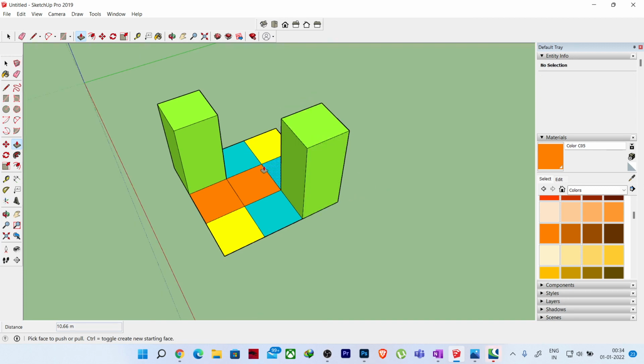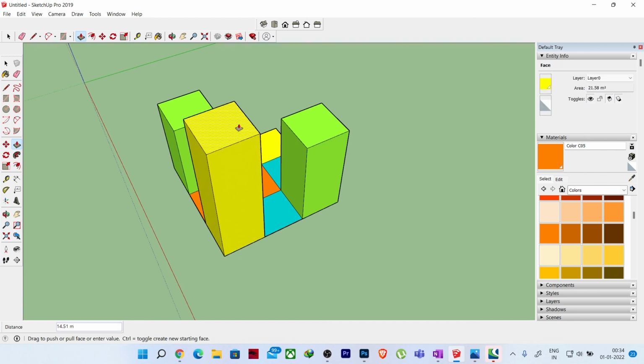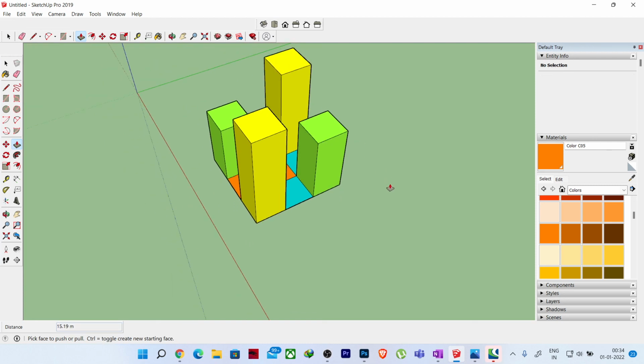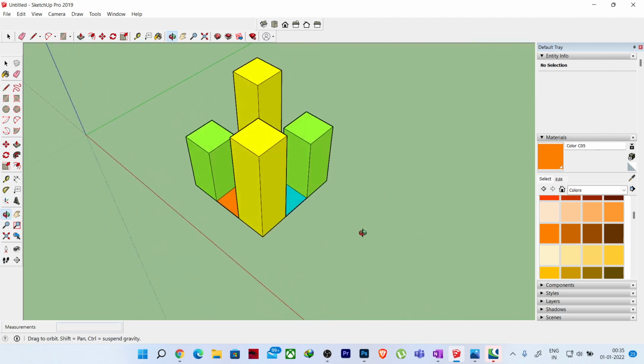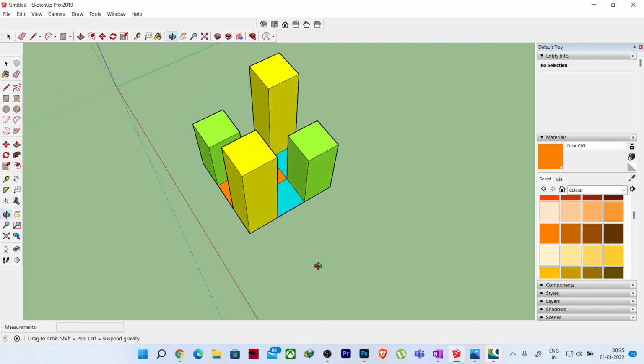Now, after that, I want to go more, so I have created these two towers, suppose of the same height. Now, I want to go higher, more high.